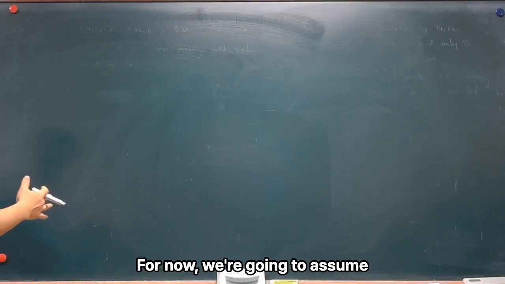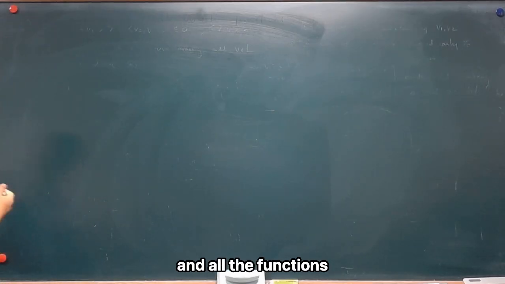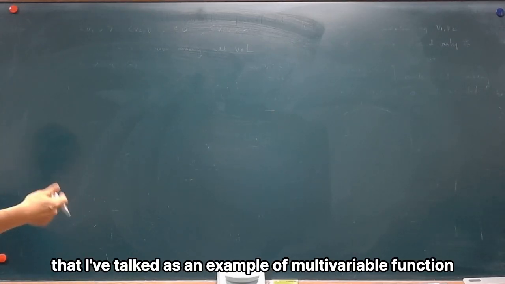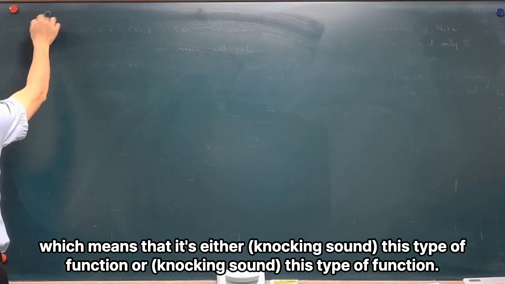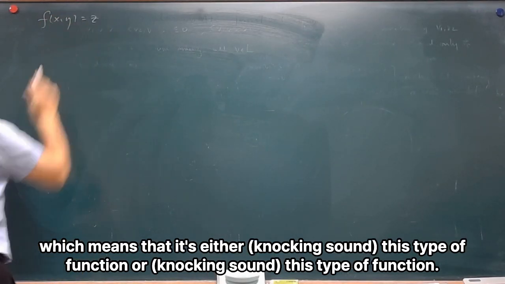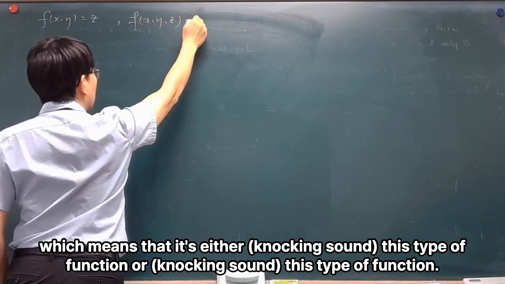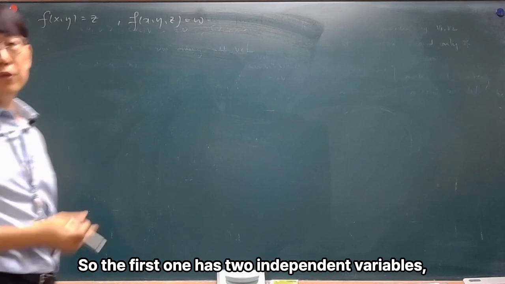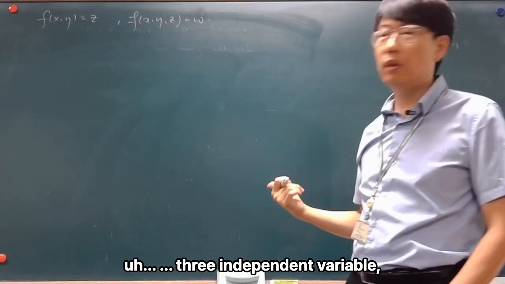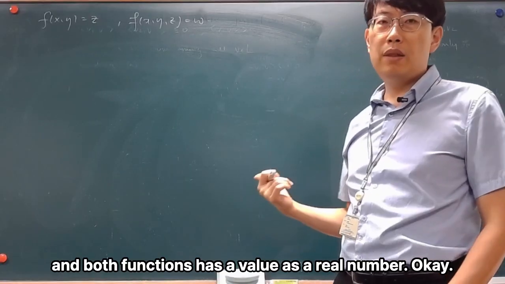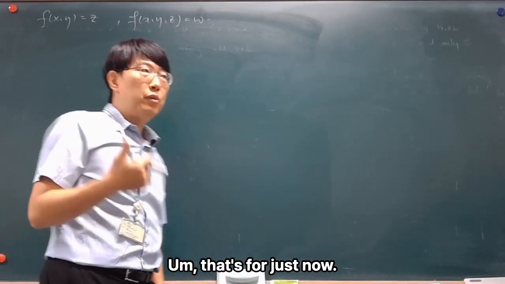For now, we're going to assume that our vectors are two-dimensional or three-dimensional, and all the functions that I've talked about as an example of multivariable function is real-valued multivariable function, which means that it's either this type of function or this type of function. So the first one has two independent variables, and second one has three independent variables. And both functions has a value as a real number. Okay? That's for just now.